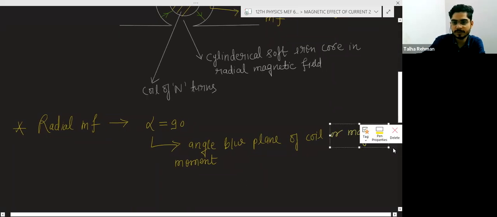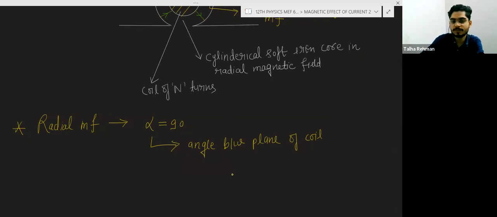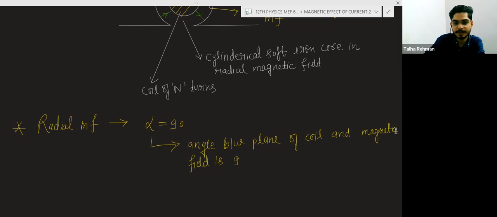So we can remove this magnetic moment. We know the magnetic moment is in the plane of the coil. So angle between the plane of the coil and magnetic field is 90 degree. So when you have a radial magnetic field, the angle between the plane of the coil and the magnetic field is 90 degree.